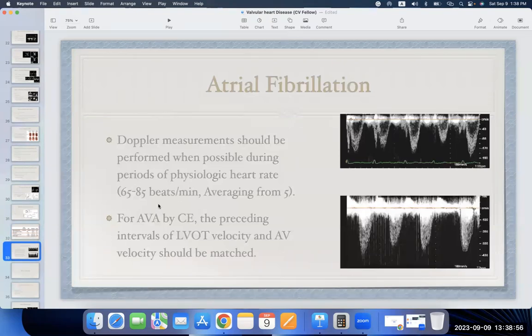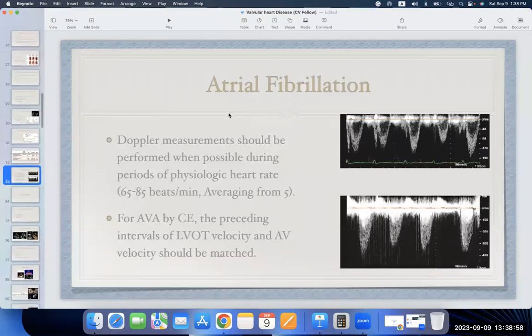Also to remember, in patients with atrial fibrillation, when you calculate the pressure gradient, it's very important to make sure that the heart rate is between 65 and 85, and you have to average at least 5 beats. So you calculate 5 and divide by 5, and that will give you the average.